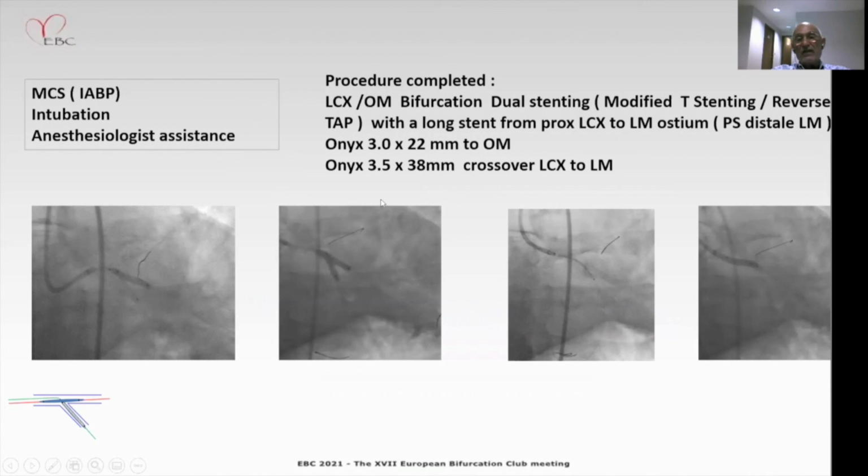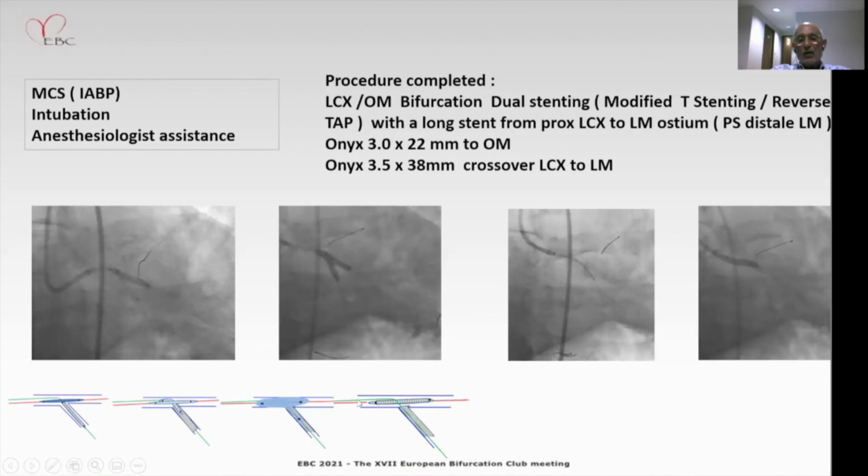Since it was a complex procedure, we selected the dual stenting strategy, a modified T-stenting or reverse crush, starting stenting on the marginal with a balloon in the circumflex, then soon after stent delivery, kissing balloon inflation, then stent delivery in the main vessel, and in this case it was a long stent covering the whole proximal segment of the circumflex and crossing over to the left main till the ostium.